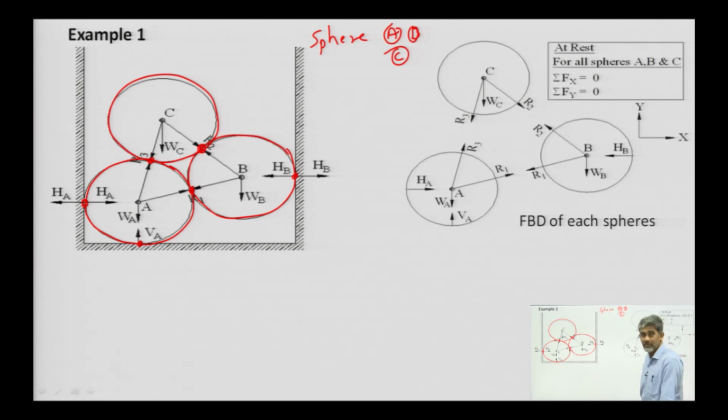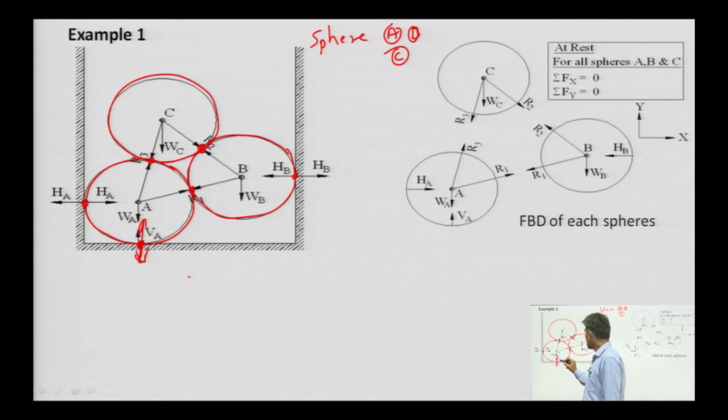To answer this, we first find the number of unknowns. What is the number of unknowns here? The unknowns are the thrusts, the vertical pressure here.